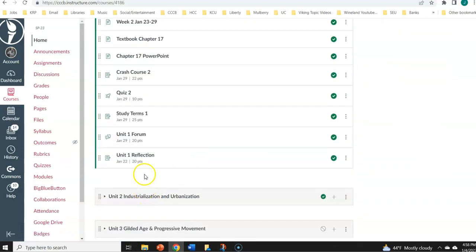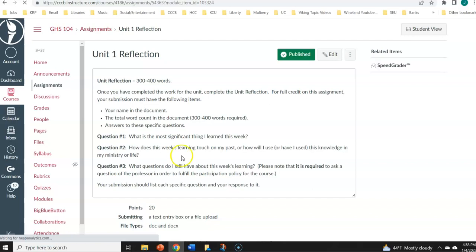Let's see. Oh, yes, the reflection. Now, the reflection is a little assignment that just gets you to reflect. Basically, it's supposed to be related to this particular class and to the work that we did that particular unit. So, you need to have your name on it. You need to give a word count. You need to answer these specific questions.